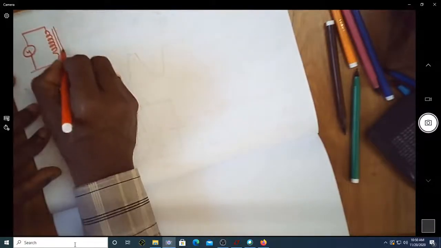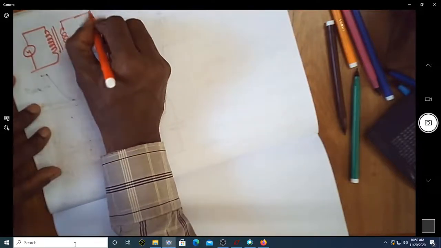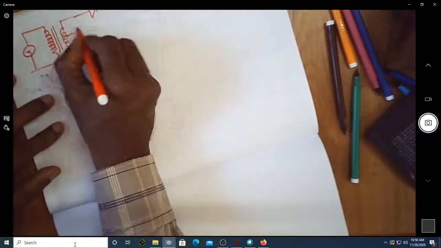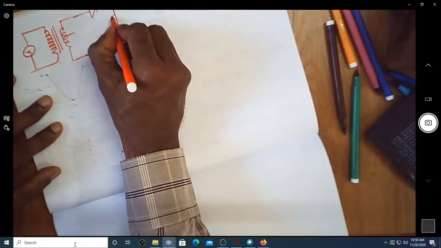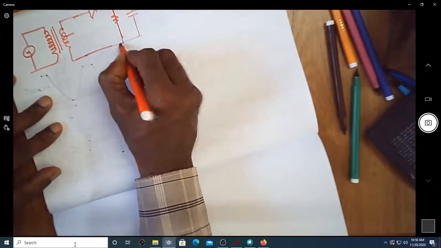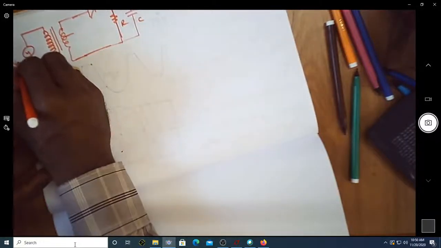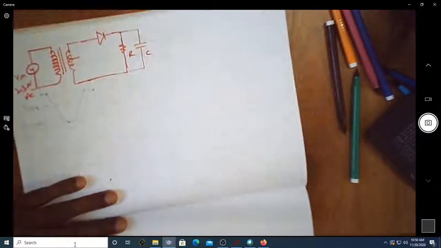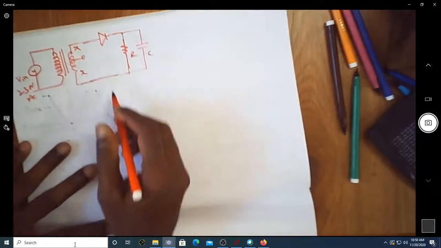Because you don't require a center tap transformer here, just for commonness, I'm just using this center tap transformer. So this is my resistor, this is my capacitor, this is RC, this is V in, 230 volt AC signal, this is some X volt.